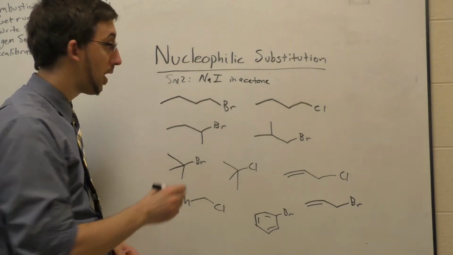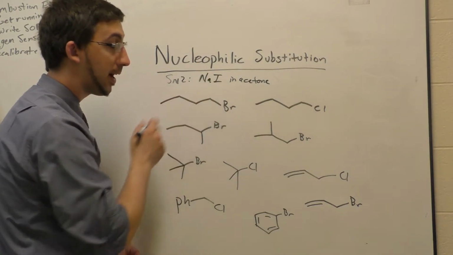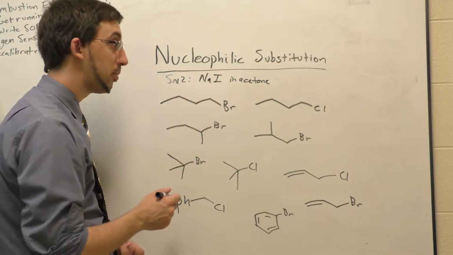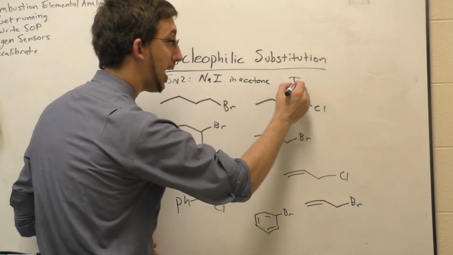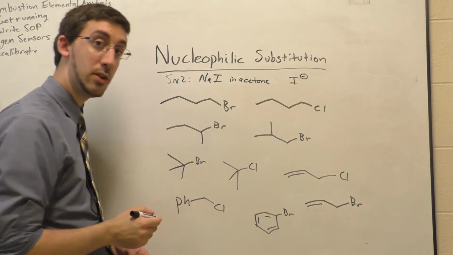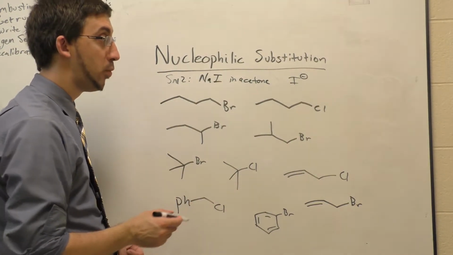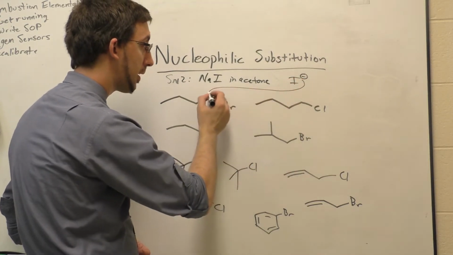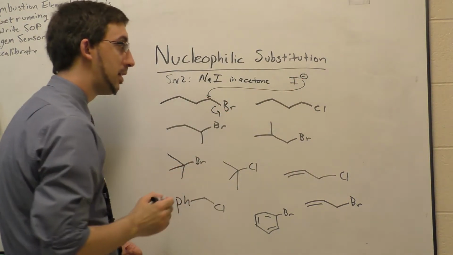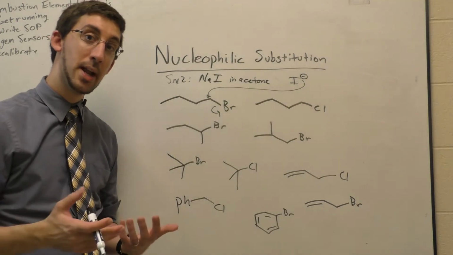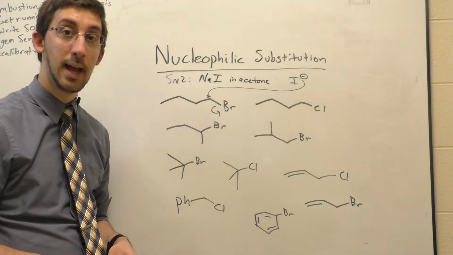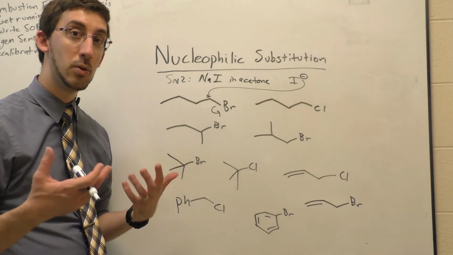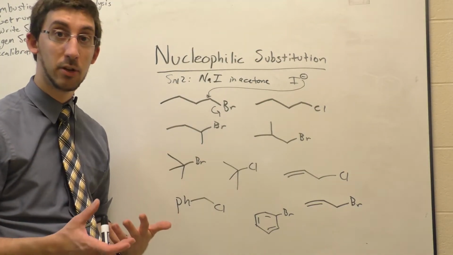In acetone, sodium iodide is soluble, even though it's an inorganic salt. It is soluble in acetone. You're left with the I- anion that acts as the nucleophile. But when this does a displacement reaction, let's say that it came here and kicked off the bromide, the bromide ion is not soluble in acetone. And so sodium bromide then precipitates and gives you the indication that a reaction has occurred.